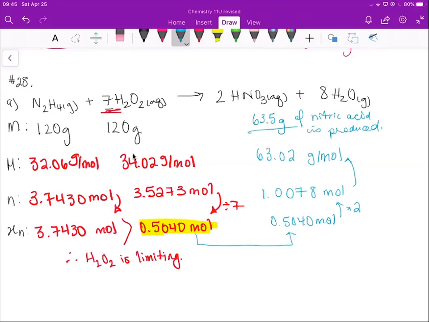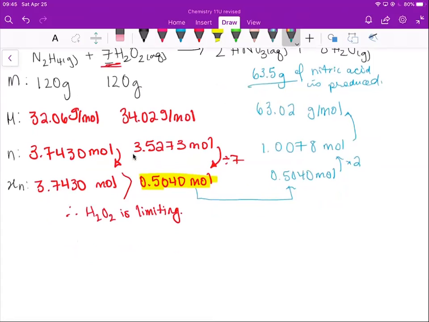Now, the question that, I mean, universally grade 11s have difficulty with this question. So I'm going to try my best to explain it because it's not too difficult. It just involves a little bit of manipulation. It's asking for the amount of excess N2H4 that's left over. We're going to look at these two numbers here.